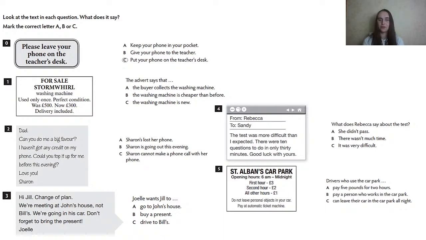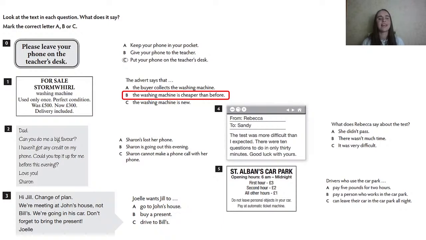So the advert says that A, the buyer collects the washing machine, B, the washing machine is cheaper than before, and C, the washing machine is new. The first text, you say B, and that is correct, yes. So the washing machine is cheaper than before because it was £500 and now it's £300. So of course it's cheaper.